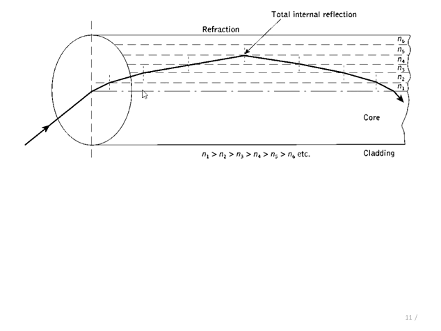Now we know that whenever a light ray travels from one medium to another medium having different refractive indices, the ray will be refracted in the second medium.